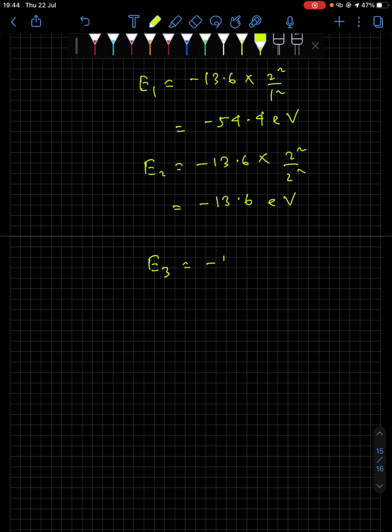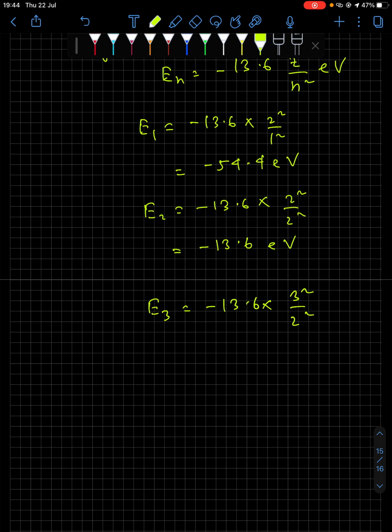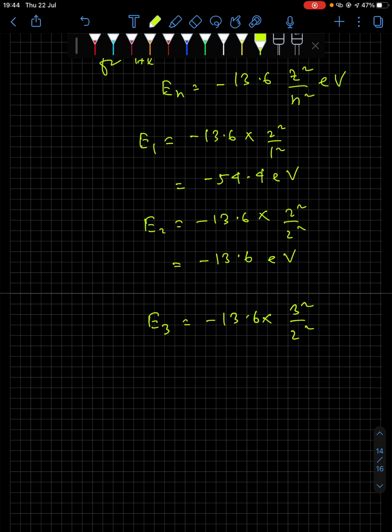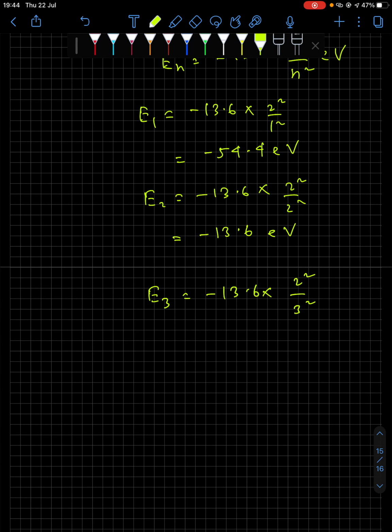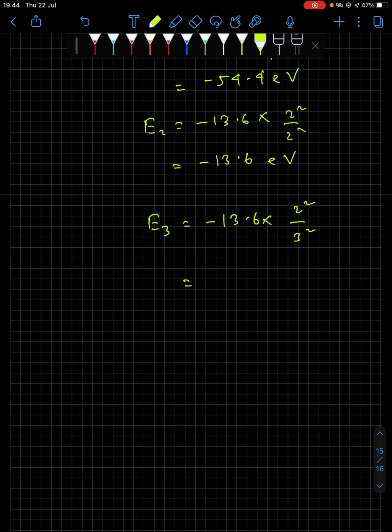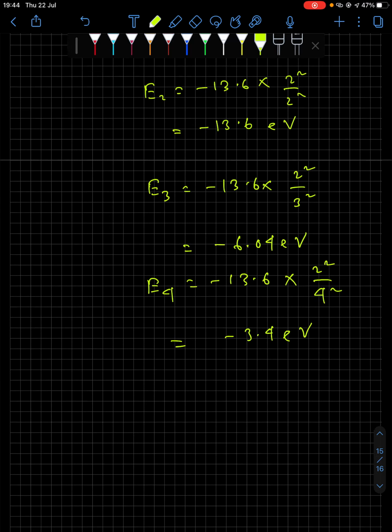E3 is minus 13.6 into, I made a mistake here, it should be Z square, 2 square by 3 square. On calculation this gives minus 6.04 electron volt, and E4 is minus 13.6 into 2 square by 4 square, which is minus 3.4 electron volt.